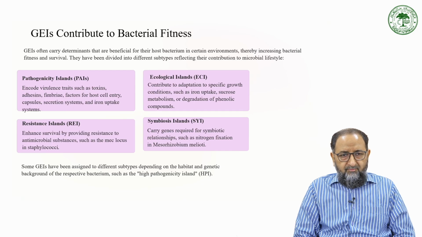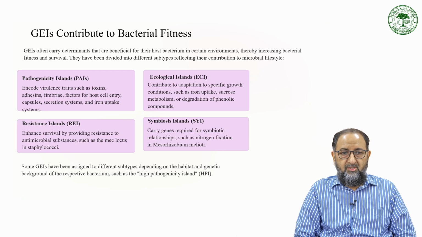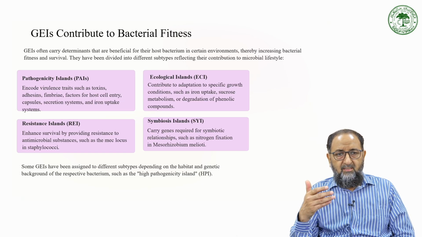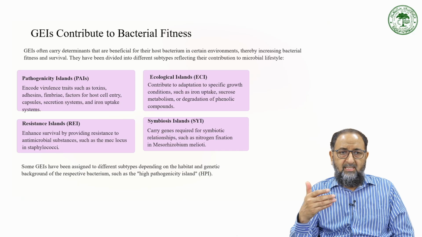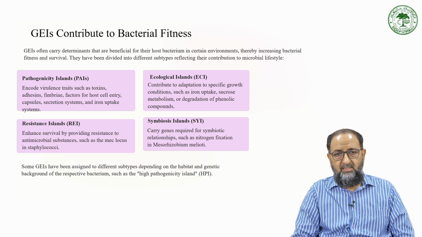So if these genes are responsible for fimbriae formation, pili formation, some adhesins like AgI/II in the case of S. mutans and some gram-positive bacteria, and they are associated with a particular region of the chromosome and responsible for the expression of virulence factors in the bacteria, we call that region the pathogenicity island.